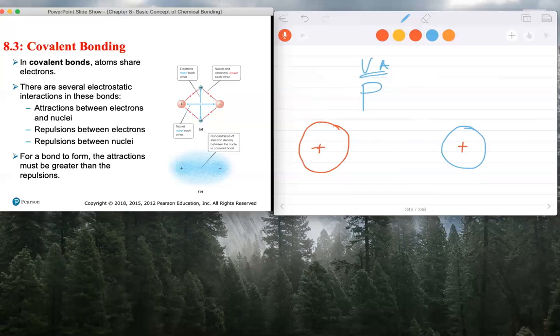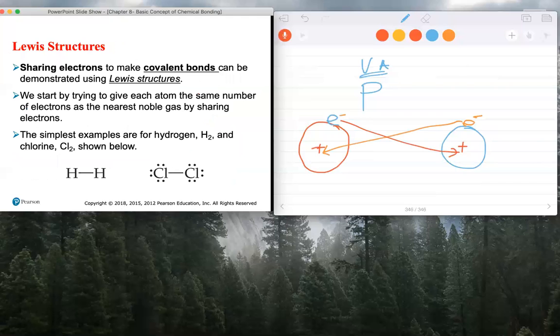This one has an electron, and this one has an electron, each negatively charged. The electron here is pulled by this nucleus, and the electron here is pulled by the other nucleus, and in the process, the sharing of electrons comes in to hold the two atoms together. Sharing of electrons is the key thing in covalent bonding.